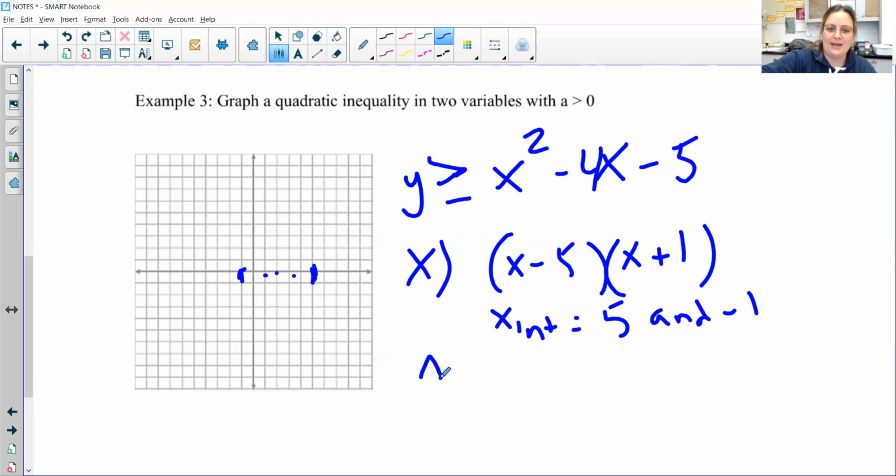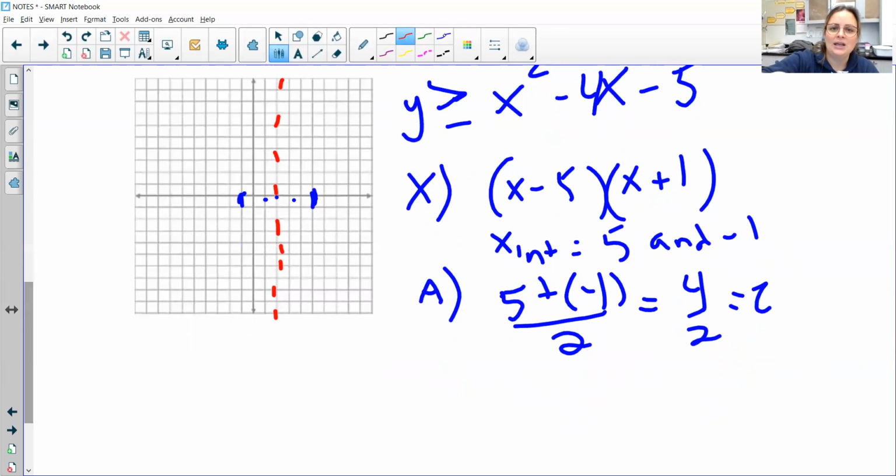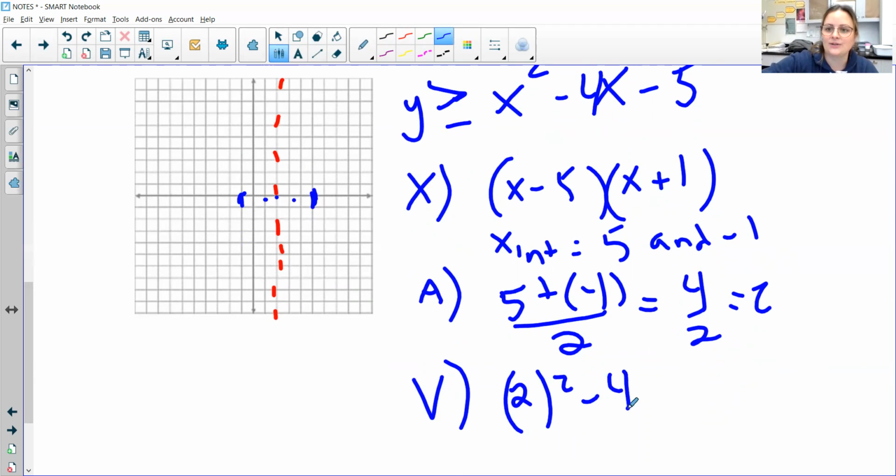I then am going to find my axis of symmetry. So it is going to be 5 plus -1 over 2. So it's 4 over 2, which is 2. So that means my axis of symmetry is right here. And it should look like it goes right through the middle of our x-intercepts. And then V for vertex, I'm going to put a +2 in for the x, that's what my axis of symmetry is at.